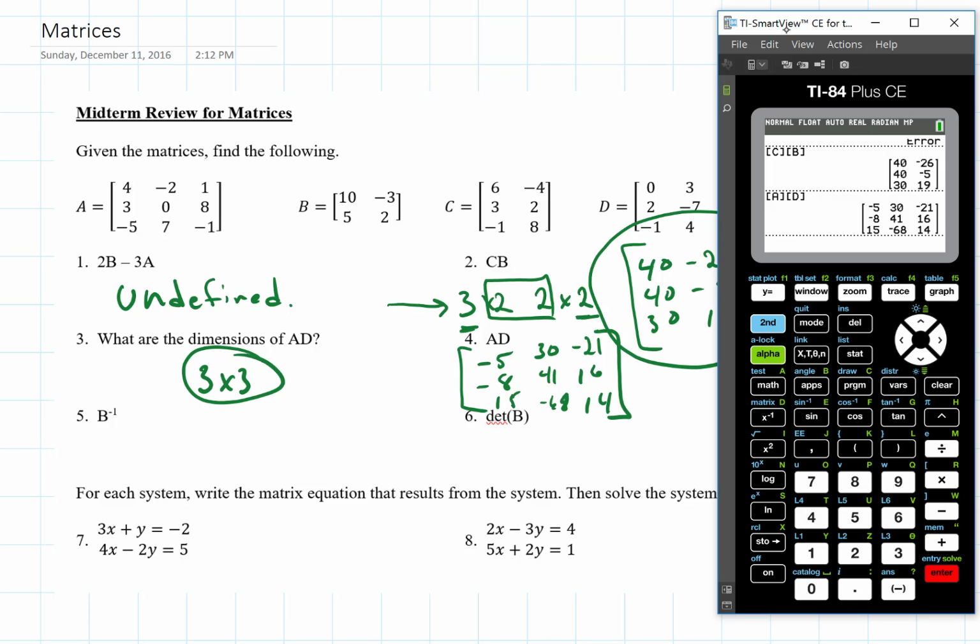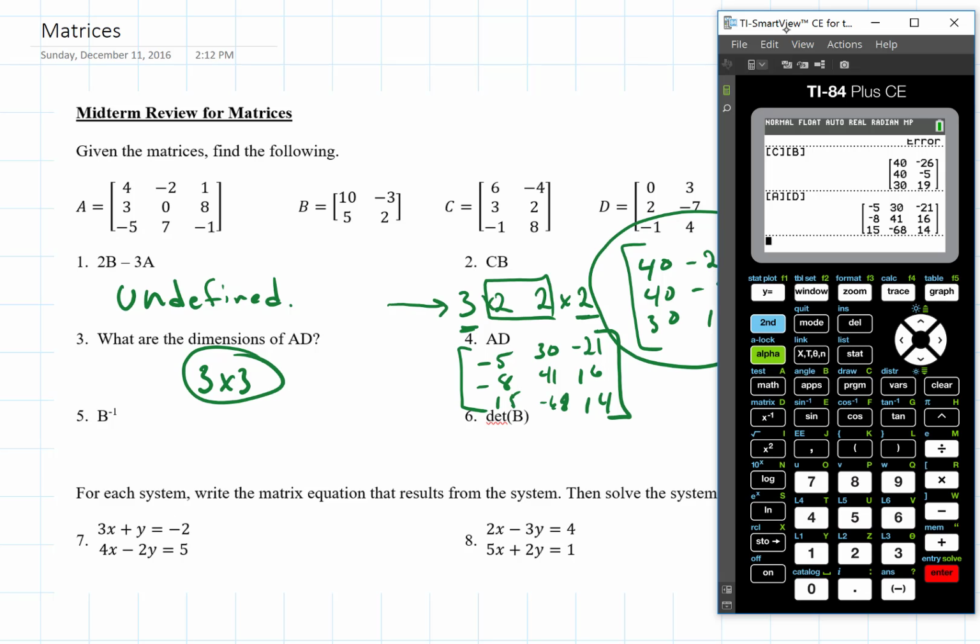We're then asked in number 5 to take the inverse of matrix B. Now I'm going to go ahead and show you how to do the inverse without the calculator, and then we'll just double check our result using the calculator. Okay, so doing this by hand, since it is a 2 by 2 matrix, it's not that hard. We first need to find the determinant, right?